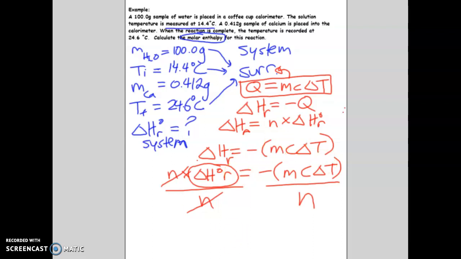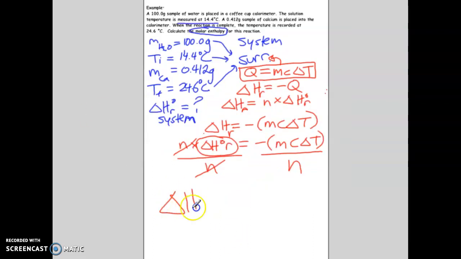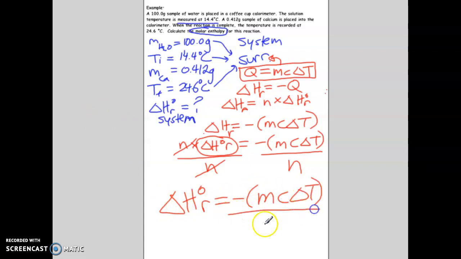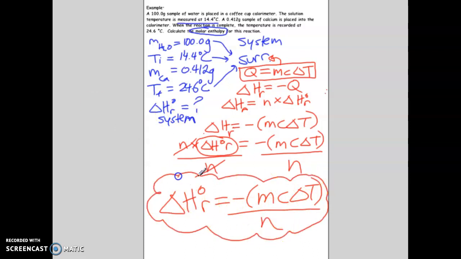So this formula that we've derived now, delta H naught of a reaction, is equal to negative Q, or negative MC delta T, over the number of moles. So this formula is going to come in handy if you are solving for the molar enthalpy for a system that happens to be within a calorimeter where you are measuring the surroundings.